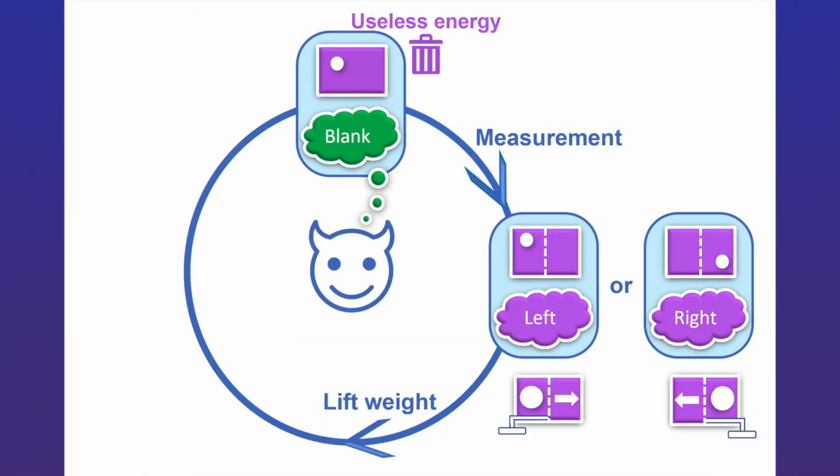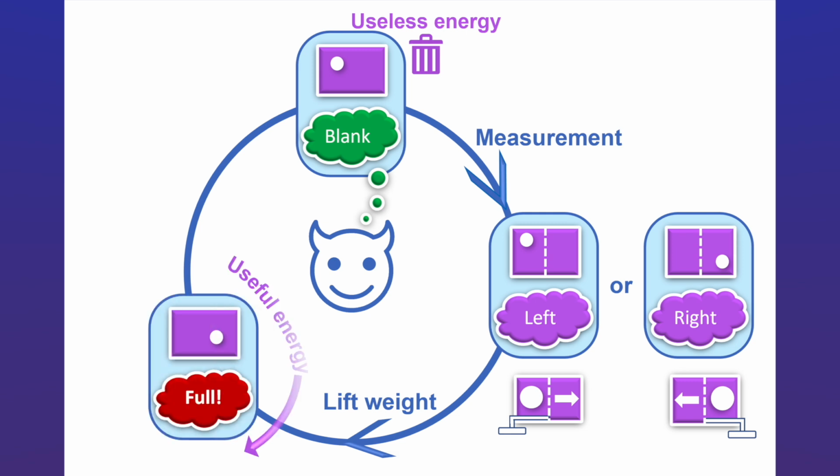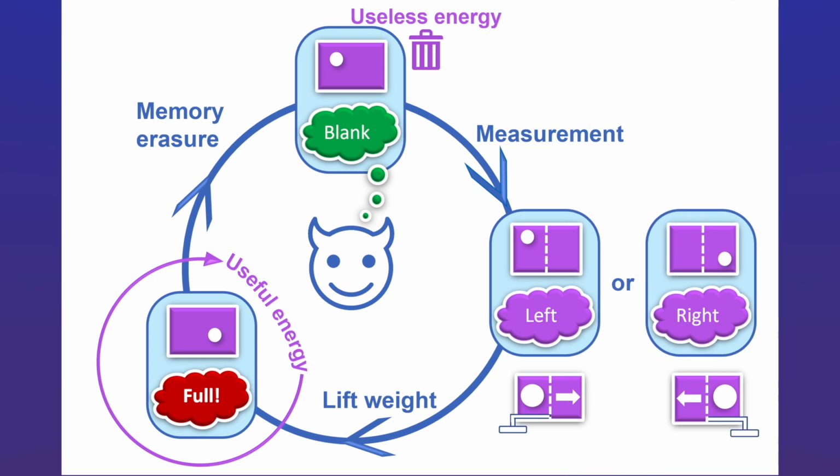So if the daemon correctly places the weight, then it will always lift up, but the daemon's memory needs to be reset in order to repeat the cycle. And according to Landauer's principle, erasing the daemon's memory has a minimum entropy cost to the environment, and this is what compensates for the useful energy we got out by lifting the weights.